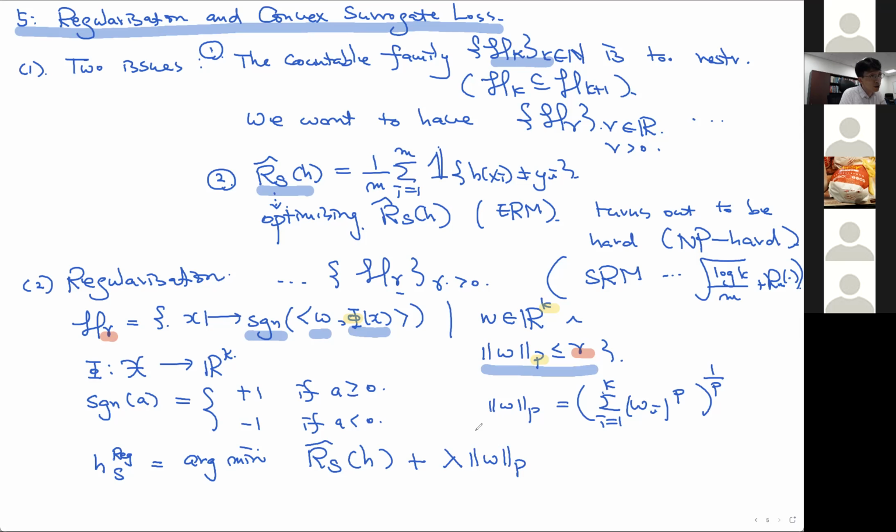This w is the parameter that defines h. So what does this tell us?